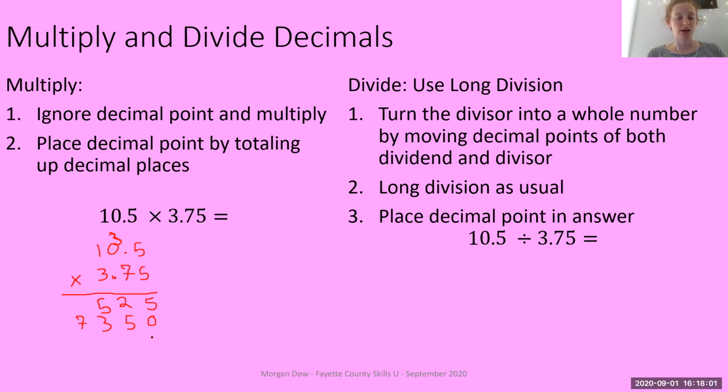On to the next row, we're going to have 2 zeros now. 5 times 3 is 15. So 5, carry the 1, and then 0 times 3 is 0. Plus 1 is 1. And 1 times 3 is 3.